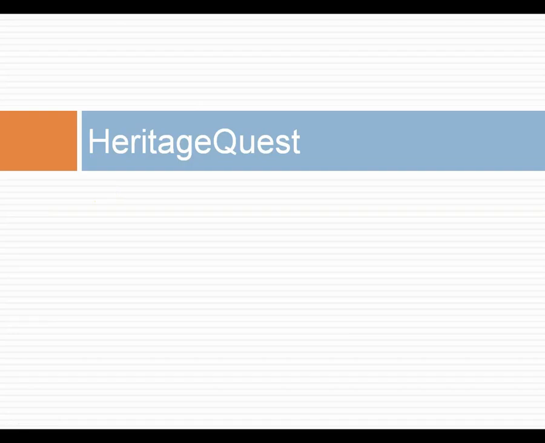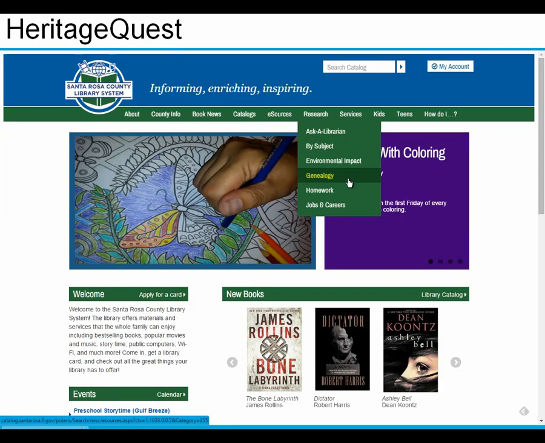Now, as I mentioned, sometimes you want to check Heritage Quest if you aren't able to find the individual in FamilySearch. So let's talk about how you do that. You can access Heritage Quest by clicking on the website for the Santa Rosa County Library System, which is the one I use, but all counties that I am aware of do subscribe to Heritage Quest.